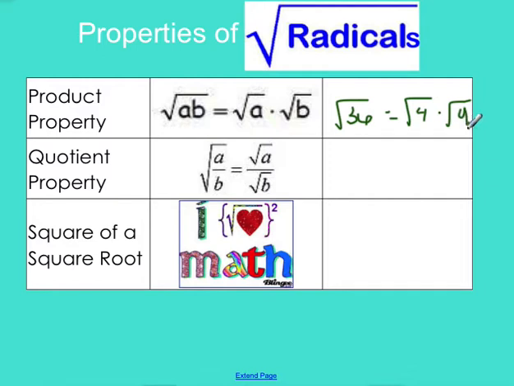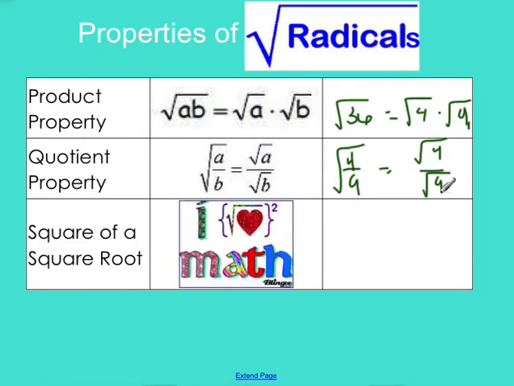Then, if I had the square root of 4 divided by 9, that would end up being the square root of 4 divided by the square root of 9. You can split it up that way. Now remember, we talked about earlier that you can't have a radical on the bottom. So we're going to be working with that more later on in this unit.